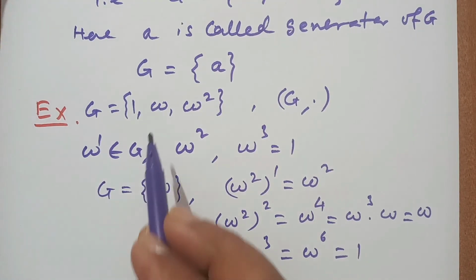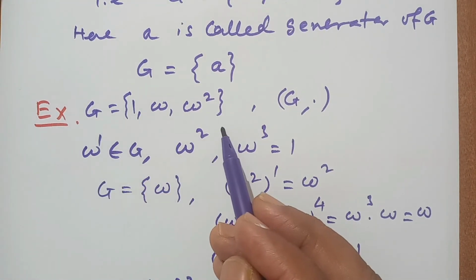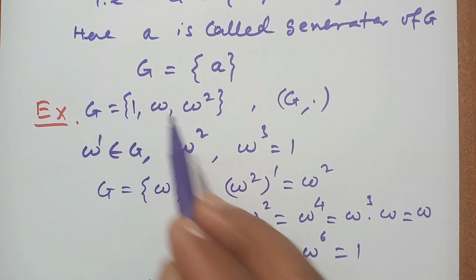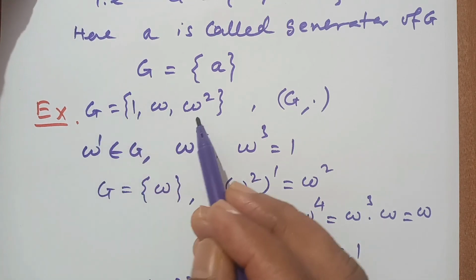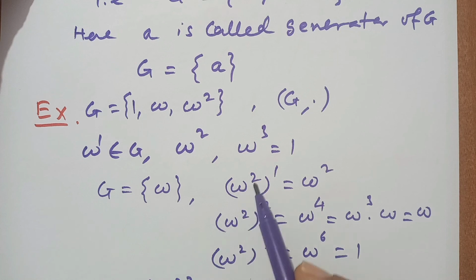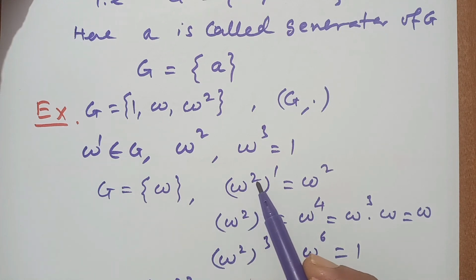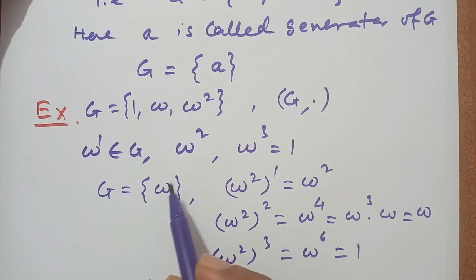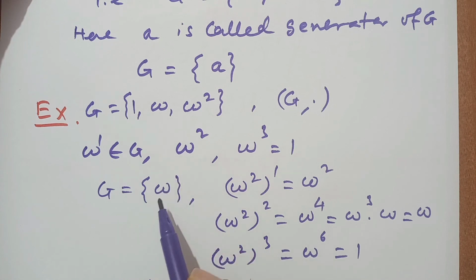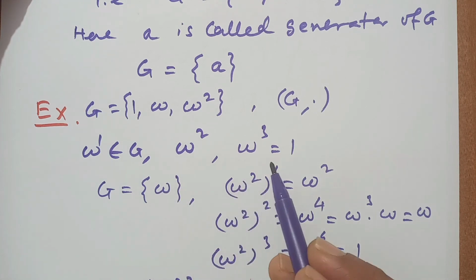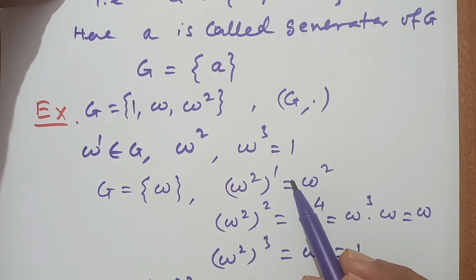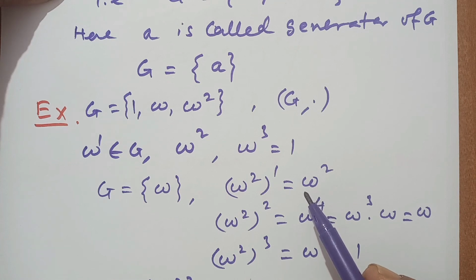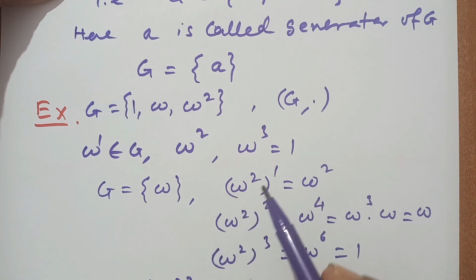Here, {1, ω, ω²} is a cyclic group. The order of G means how many elements G has: 1, 2, 3. So here the order of G is 3. Also ω and ω² are generators. The order of ω is 3 because ω³ equals identity. Similarly, (ω²)³ equals identity, because the order of an element of a group is the least positive integer such that a^n equals e.